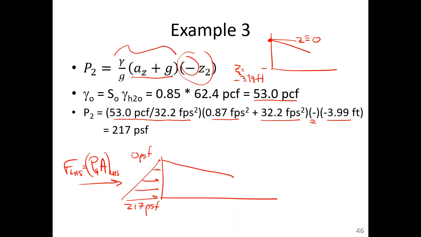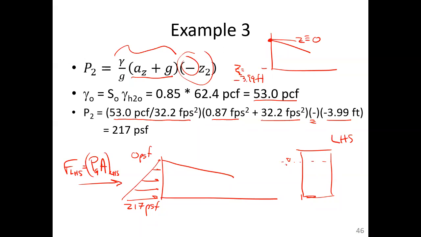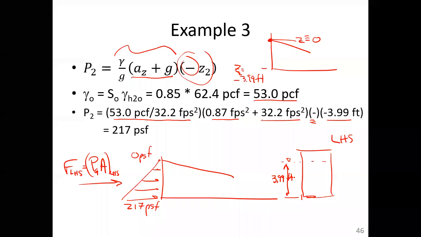So if I looked at the end, this is what the left-hand side looks like. And the fluid surface is 3.99 feet deep on the left-hand side.